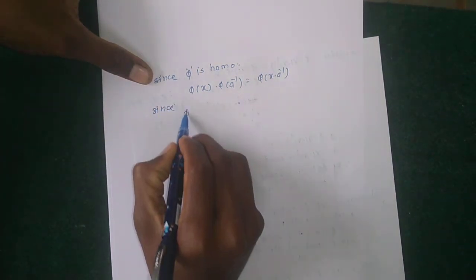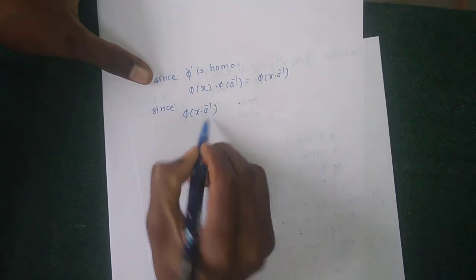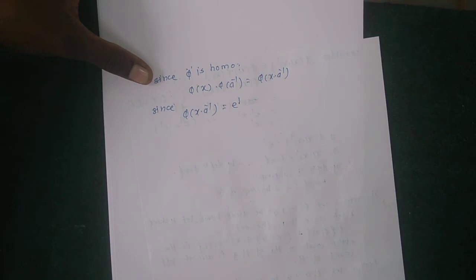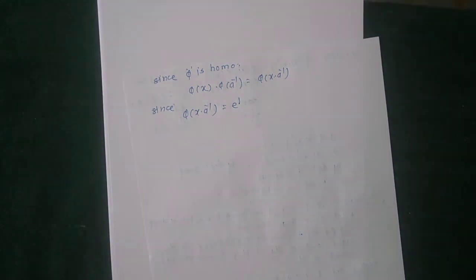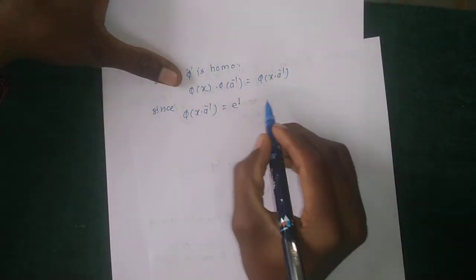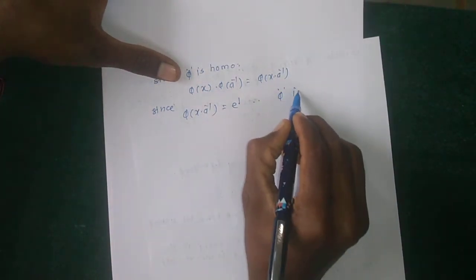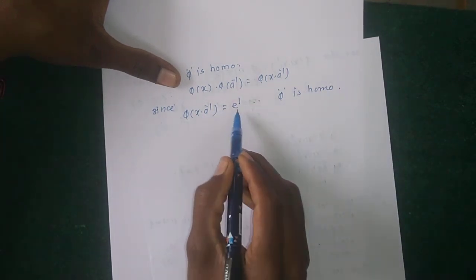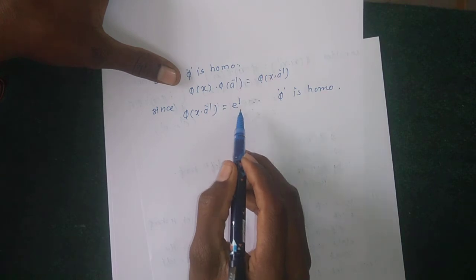Okay, but since phi of x into A inverse equal to E dash, why does phi of x into A inverse equal E dash? Because phi is homomorphism, and the image of x into A inverse equal to E dash. Why?